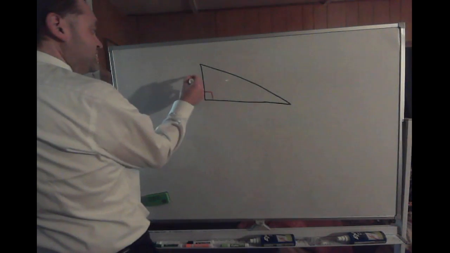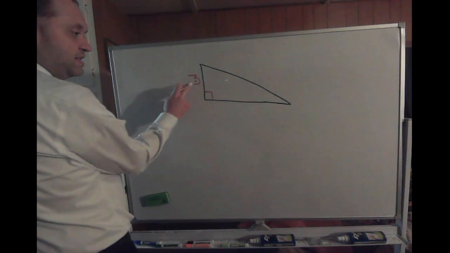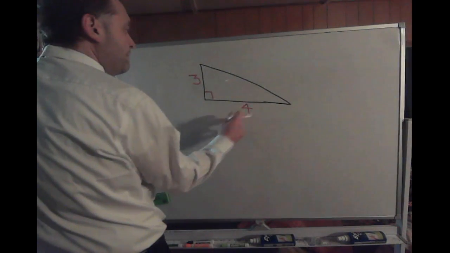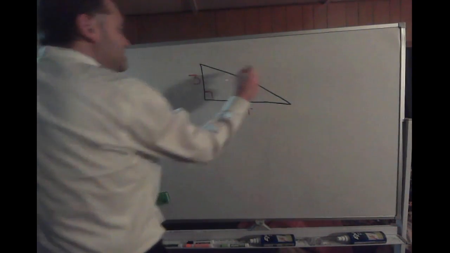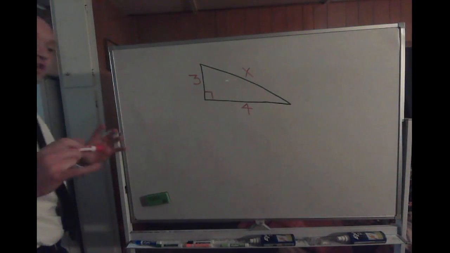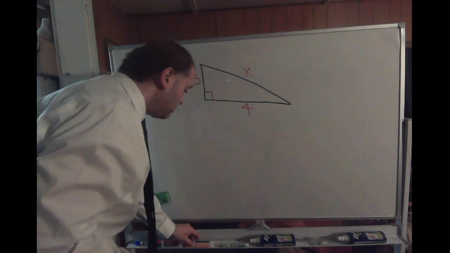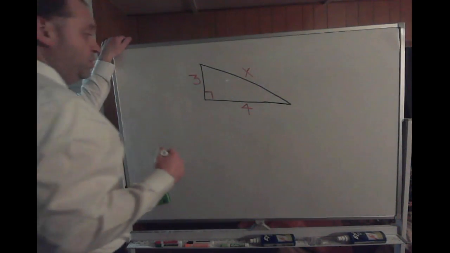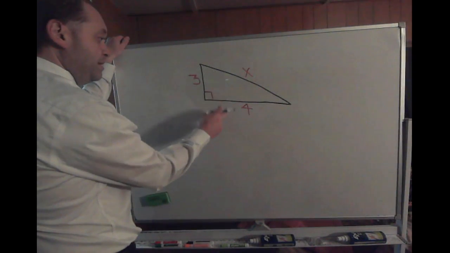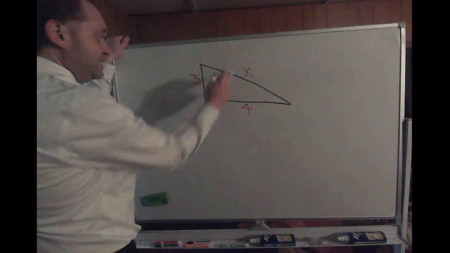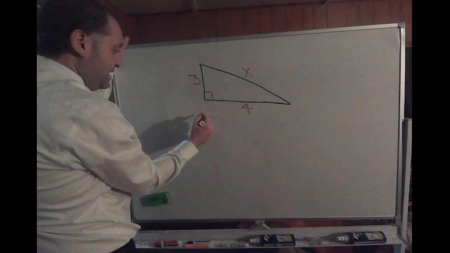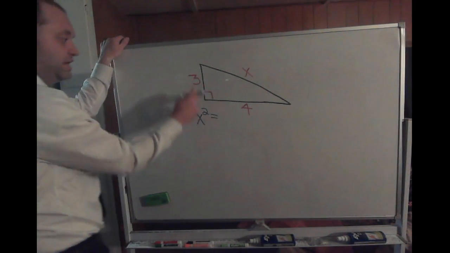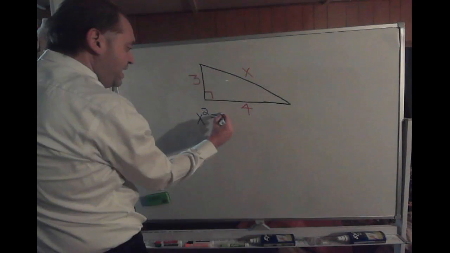Alright, so let's see. This left leg has a length of 3. The base, this leg here, has a length of 4. And then the hypotenuse has a length of x. We want to solve for x. So how are we going to do that? Well, if we remember that c squared, which is x squared in this case, is equal to each leg to the second power added to each other.